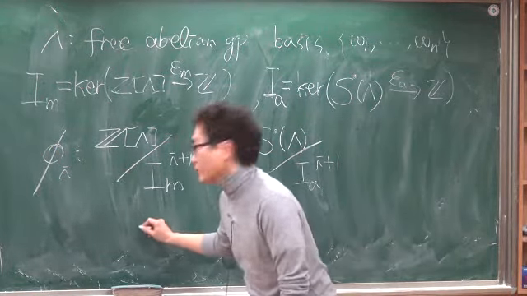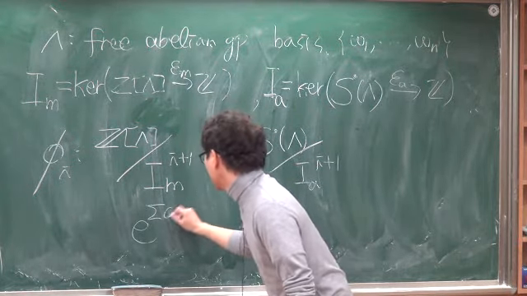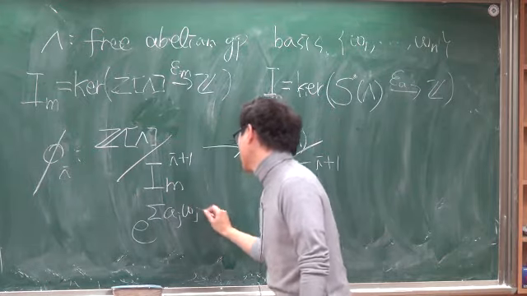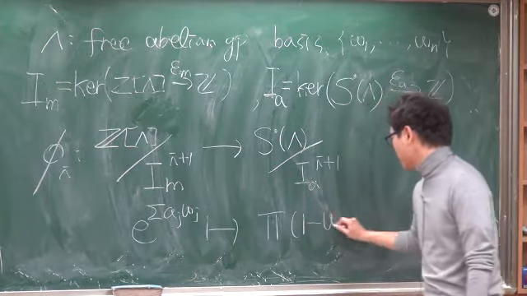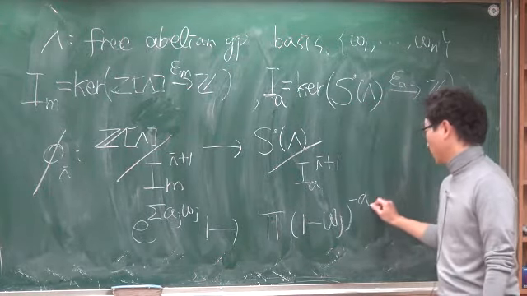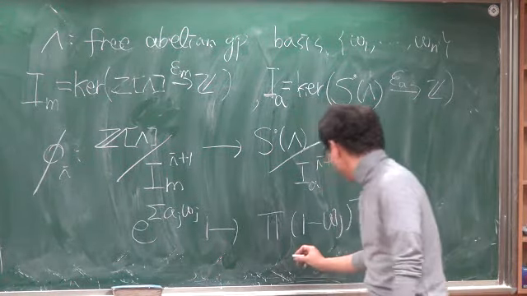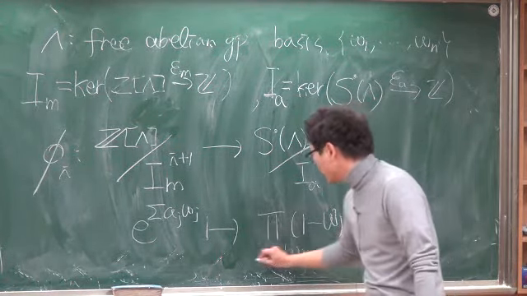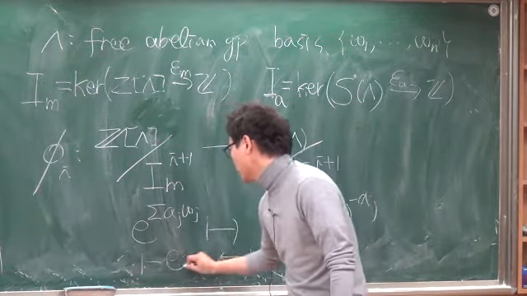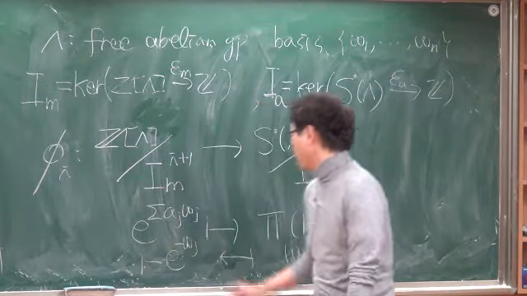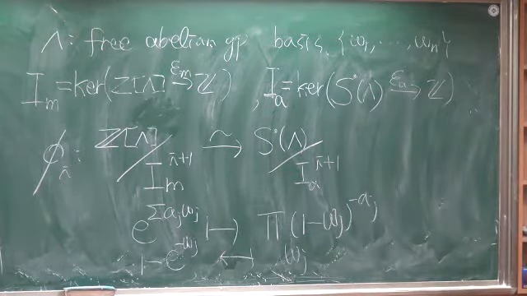This map is defined by sending omega j to the product of 1 minus e to the minus omega j, and the inverse map is just defined by omega j goes to 1 minus e to the minus omega j. This is a ring isomorphism.